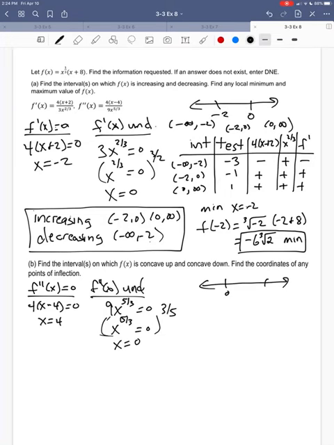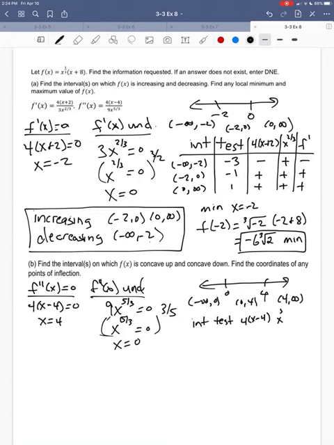So I form my number line and my intervals. And I do a sign chart just like I did up there. So my numerator is 4 times x minus 4. My denominator is 9x to the 5/3.